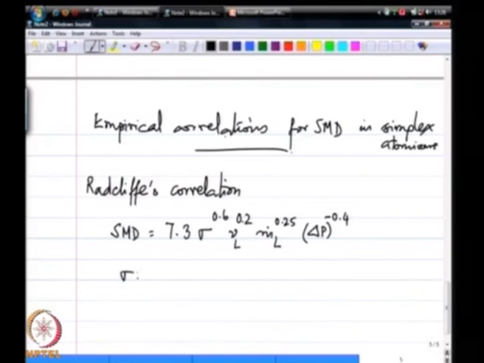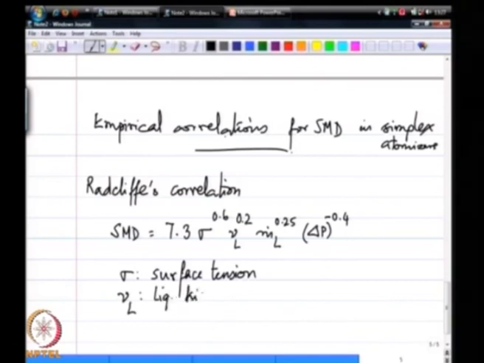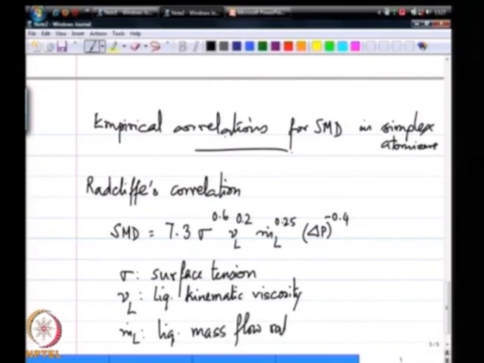Okay. So, just to get the nomenclature right, sigma is surface tension, nu L is liquid kinematic viscosity, m dot L is the liquid mass flow rate, and delta P is the pressure difference.